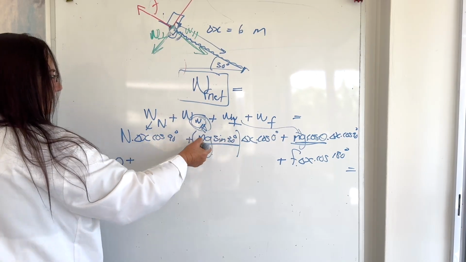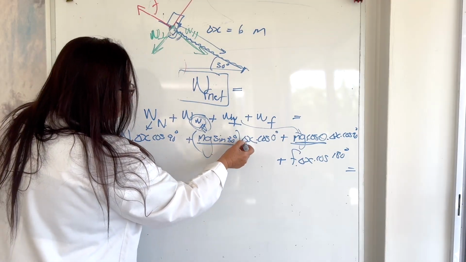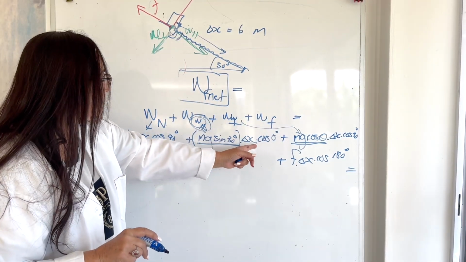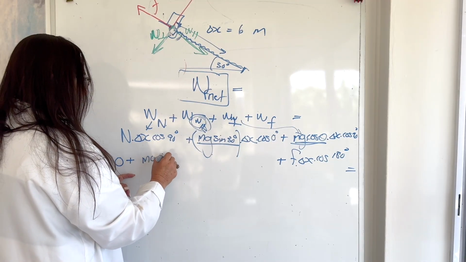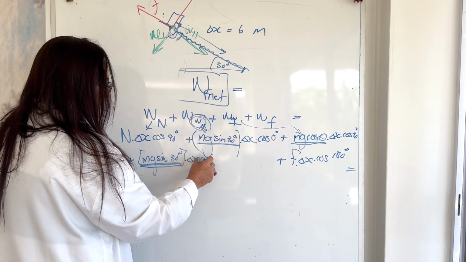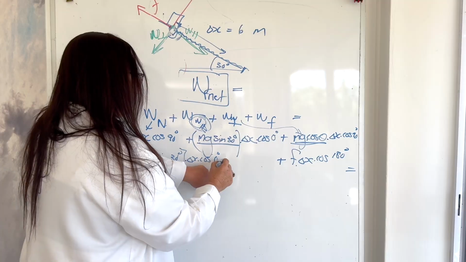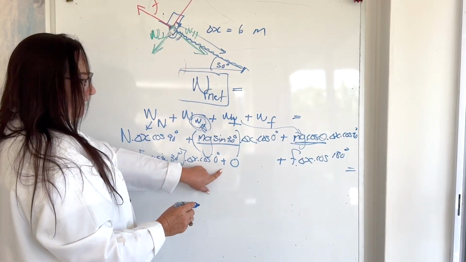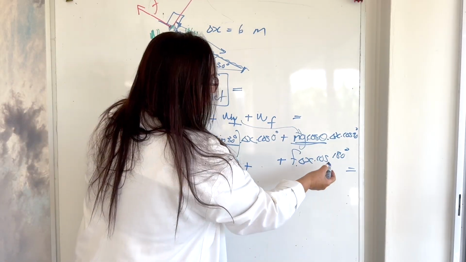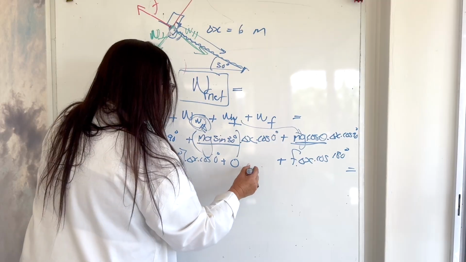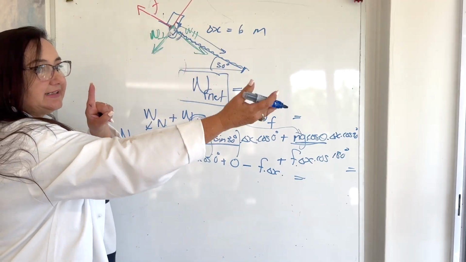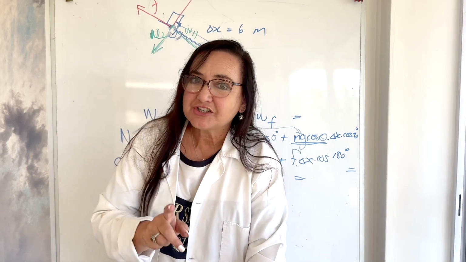So I've only got that one, so that's my weight, sin 30 degrees times my displacement cos, and because it's both in the same direction, cos 0 degrees, which gives me 1, so that will be my mg sin 30 degrees, which is only my force, times delta x cos 0 degrees, plus, now that one again becomes 0, the work done by the gravitational force perpendicular to the slope, plus, and because I've got 180 degrees there, it's going to become a minus f delta x, cos 180 degrees gives me that minus, equals, and on that side I'm going to have my kinetic energy, or the change in kinetic energy.